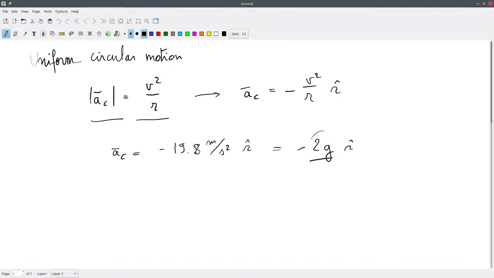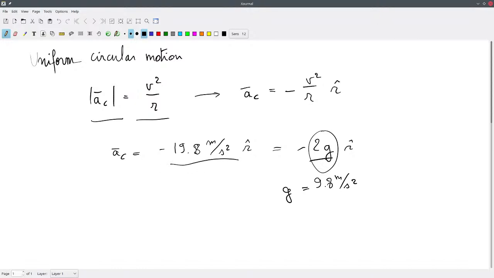And we would say that the centripetal acceleration is 2g, where g is of course the 9.8 meters per second squared that we used in free fall problems. So in some sense, we're using the acceleration for free fall problems as a quantity that we express other accelerations in.